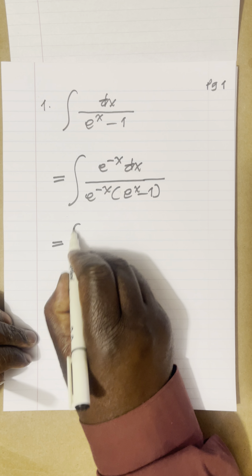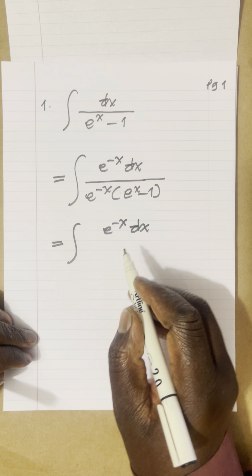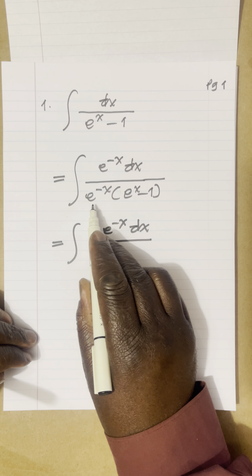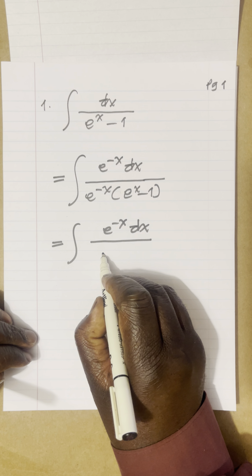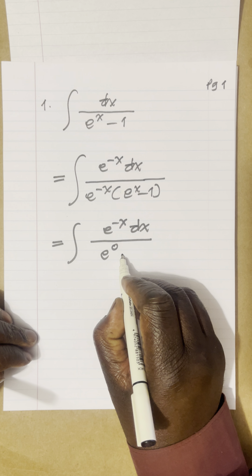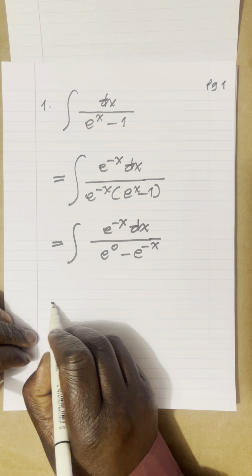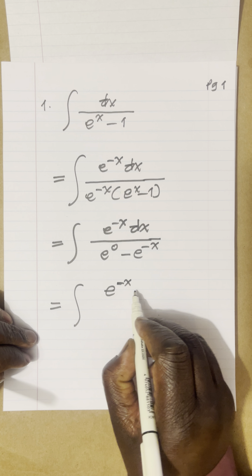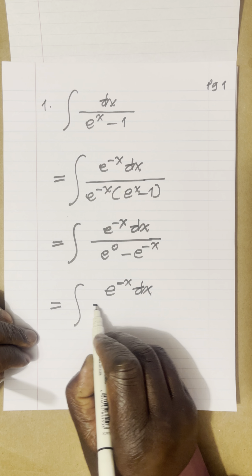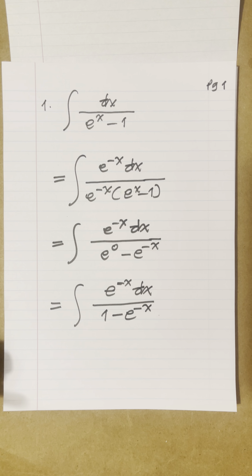This is equal to the integral of e to the power minus x dx all over, when you multiply these two, the powers add. So minus x plus x is actually e to the power 0, and then we have minus e to the power minus x, like that. And e to the power 0 is 1. So this is the integral of e to the power minus x dx divided by 1 minus e to the power minus x. Brilliant.